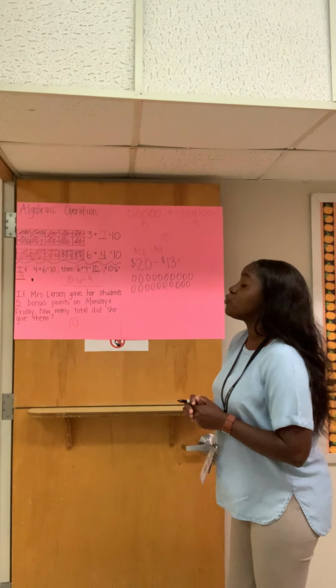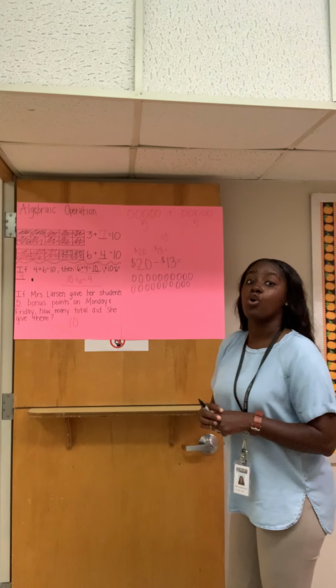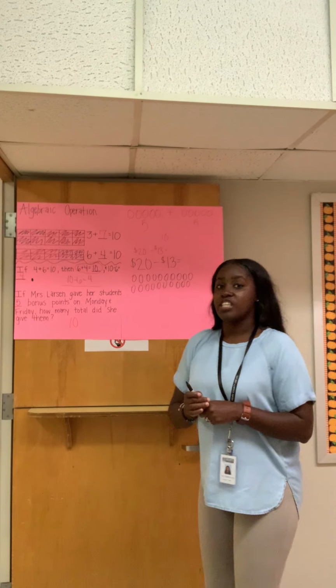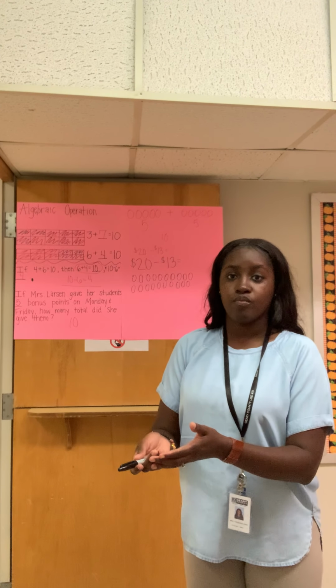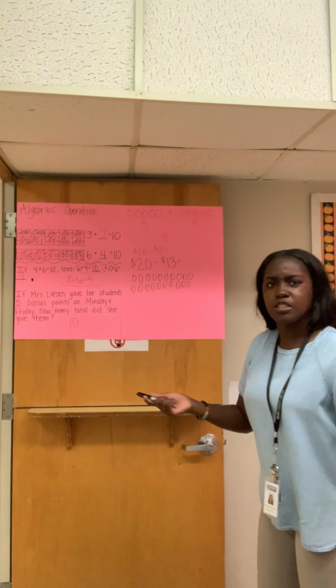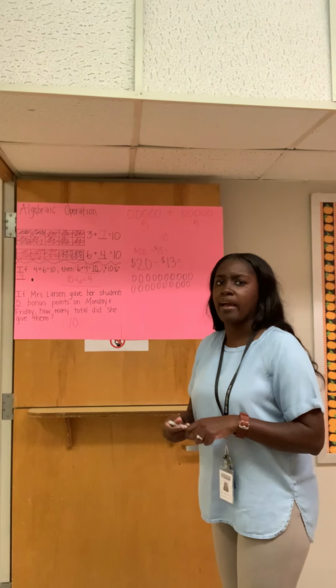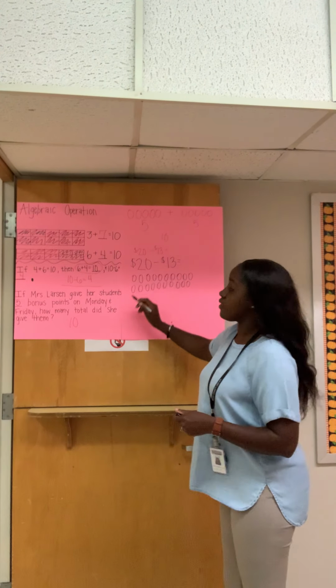We're going to subtract. Minus sign means subtract. We're going to take away, because she gave the cashier $20 and they took $13 from it. How much money does she have left? So let's take away $13.